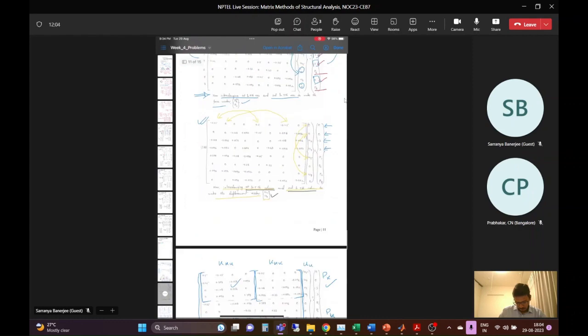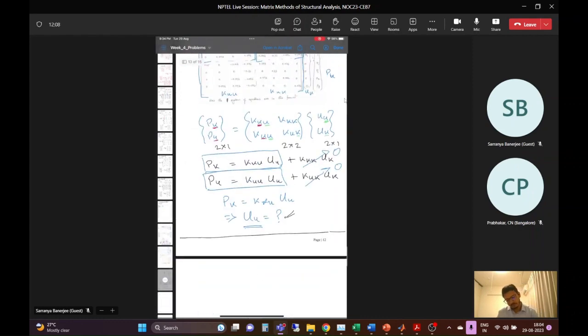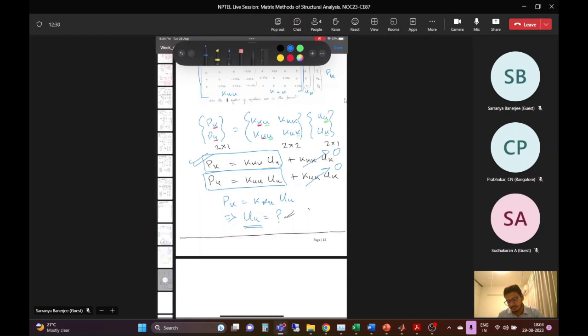In that problem we almost completed the solution. We already reached this point where we have the equation P_k equals K times U. So the known load equals the desired partition of the stiffness matrix times the unknown displacements.